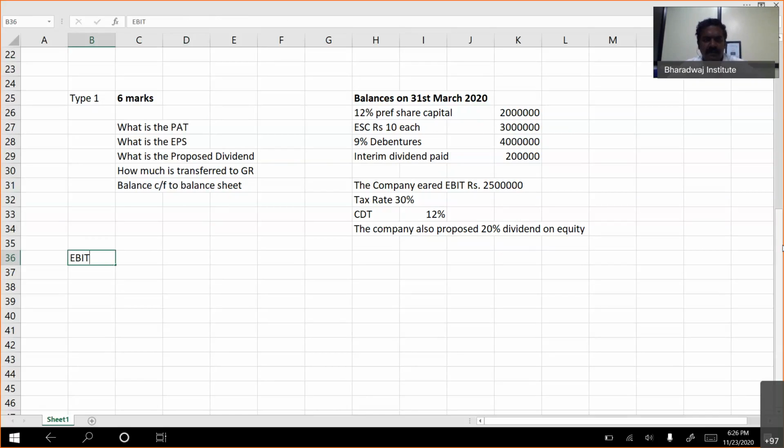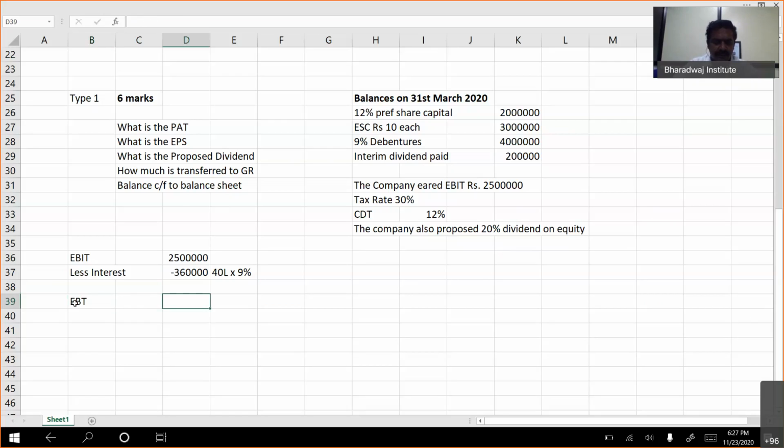What is EBIT? 25 lakhs. Less interest on debentures, 40 lakhs into 9%, which is 3,60,000. This will give us EBT.